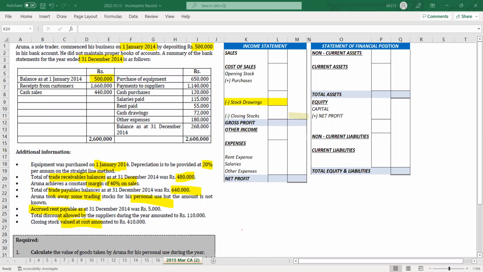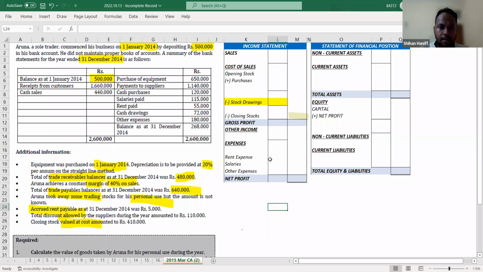Right. Shall we start now? Draw the income statement and the statement of financial position. So when you get a question like this, first draw the format, entire form. Number one, first step, the format. Step two, you have to do the additional information. Step three is the remaining balances, either from trial balance or the bank statement or the cash book or whatever information that they have given.